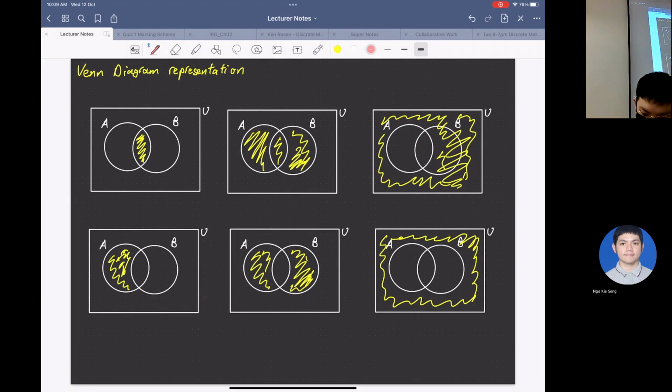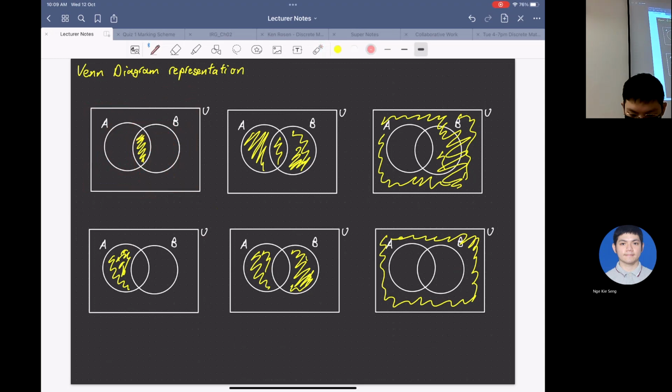I think you were exposed to this before. This Venn diagram depicts two sets with non-trivial intersection, and these two sets lie inside a universe set.